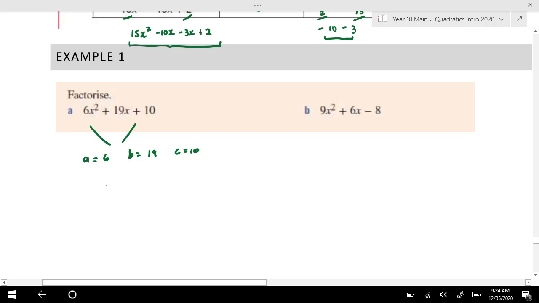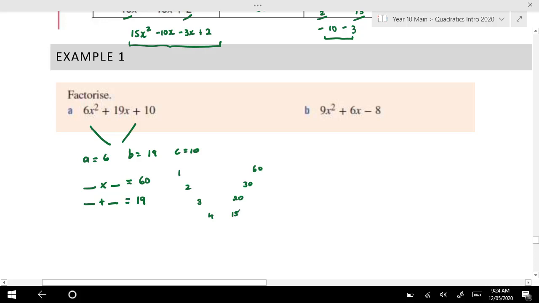Well, we want two numbers that are going to multiply to give A times C, 6 times 10, which is 60, and add to give the coefficient of the middle term, 19. So we could go 1 and 60, 2 and 30, 3 times 20, 4 times 15, and I reckon we've got it there.